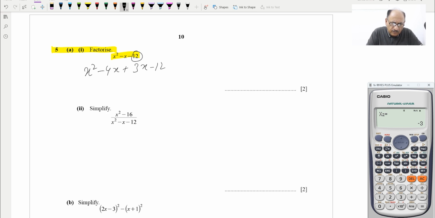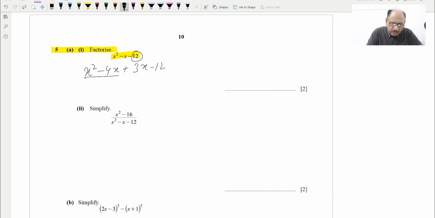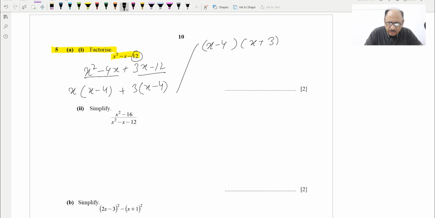Next we can make pairs, and we can take x common, so x minus 4, and plus 3 common, so x minus 4. We can write this as x minus 4 and x plus 3, and this will be our final answer, and this is for 2 marks, which is done.